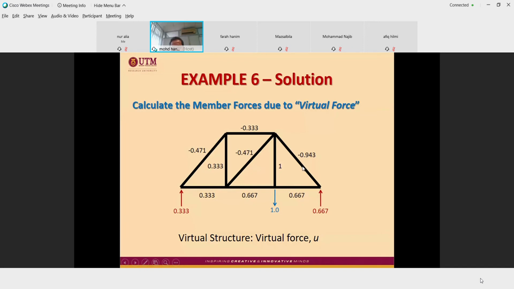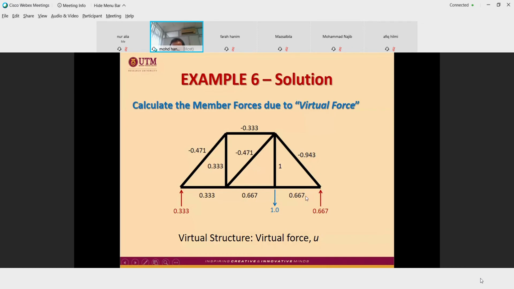But as I said just now, I have another method, method number 4, with which I can straight away calculate this value. It is quite difficult to write here.